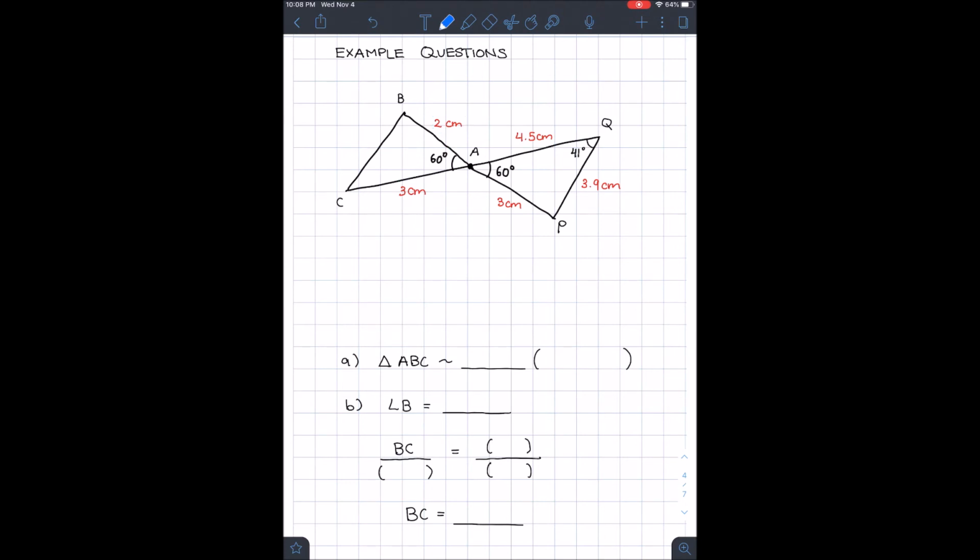The first thing we can see is that the angle over here is 60 degrees, and the included angle for the other triangle is also 60 degrees. So right off the bat, we can say that the included angles are the same.